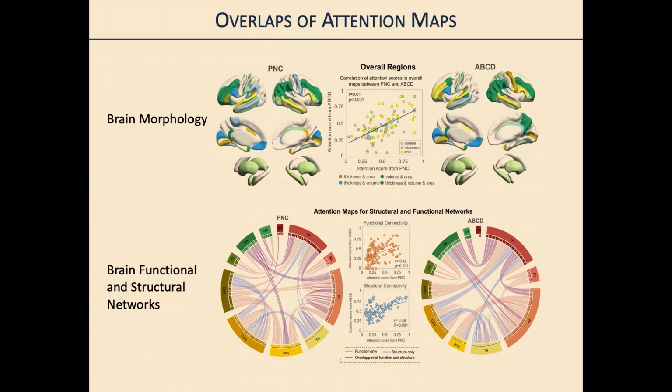Lastly, if you look at the attention map, the brain structures, morphology information and functional connection information can be replicated in both populations, and you can see huge overlaps between the 2 cohorts. For morphology, it reaches about 0.6 correlation in terms of which regions contribute to general psychopathology, and similarly for functional connectivity as well as structural connectivity.